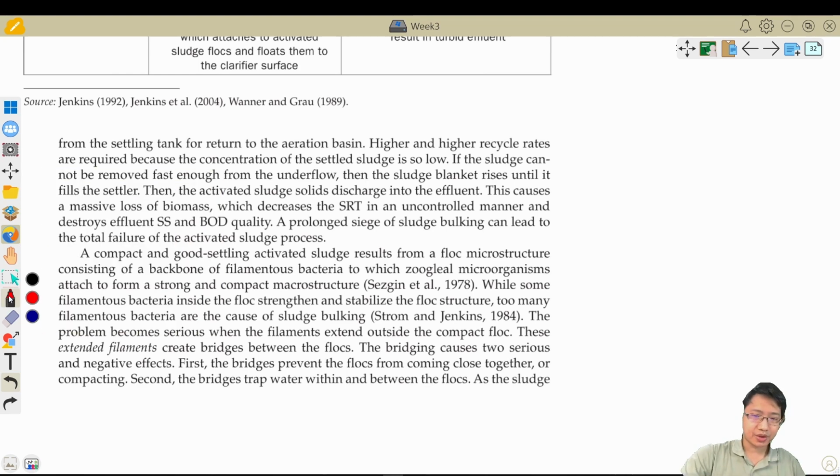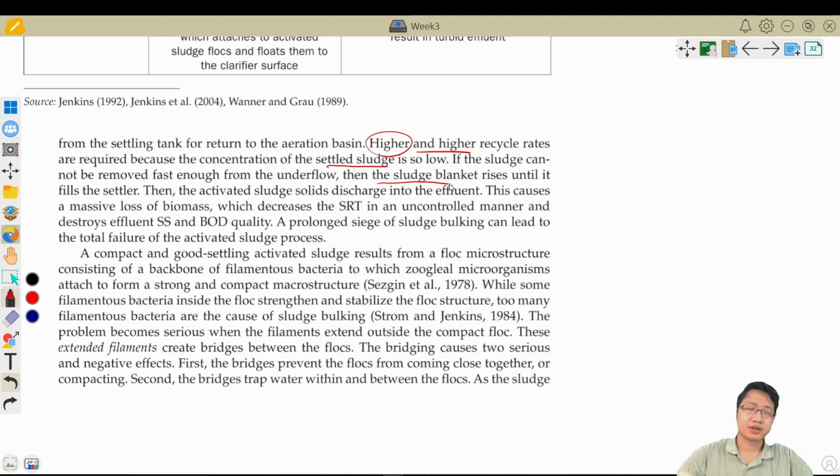If we want to maintain the biomass in the aeration tank while facing bulking sludge, sometimes we have to increase the recycling rate higher and higher, because the concentration of the settled sludge is decreasing, and the settled sludge blanket will rise until it fills the settler.